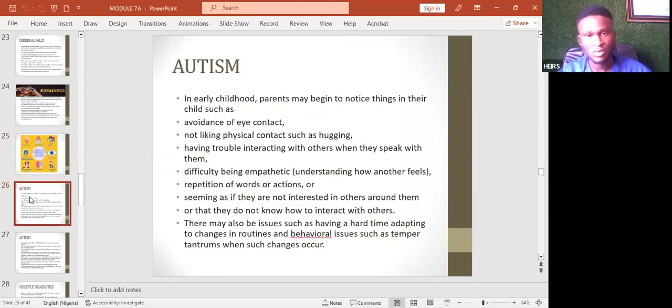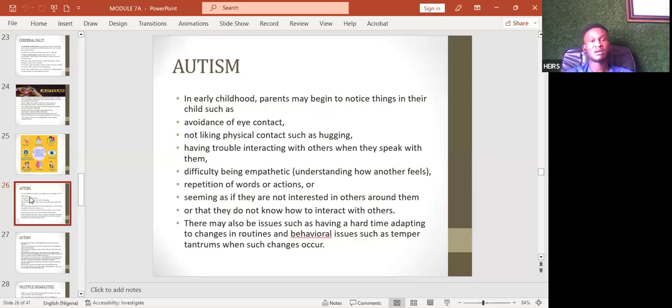In early childhood, parents may begin to notice things in their child, such as avoidance of eye contact, not liking physical contact such as hugging, having trouble interacting with others when they speak with them, difficulty being empathetic or understanding how another feels, or repetition of words or actions. They may seem not interested in others around them, or not know how to interact with others.